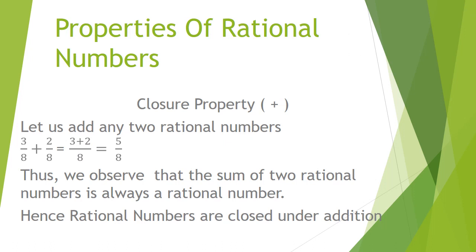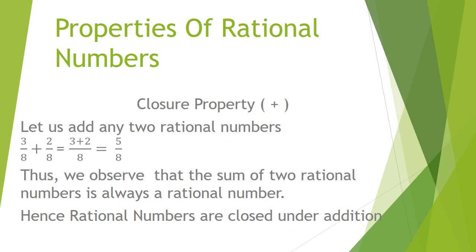Next, properties of rational numbers. The first property is closure with respect to addition. Let us add any two rational numbers. Take the rational numbers 3 by 8 and 2 by 8. Take their sum. Since the denominator is the same, we need not take the LCM.